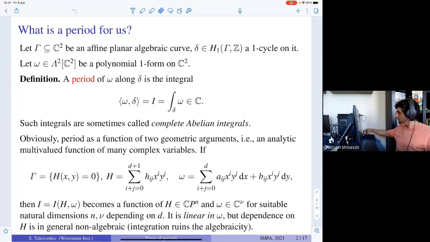We have an algebraic curve, which is a planar affine curve. And this planar affine curve is a Riemann surface, so we may choose a one cycle on it. Initially, the situation was assumed to be real.